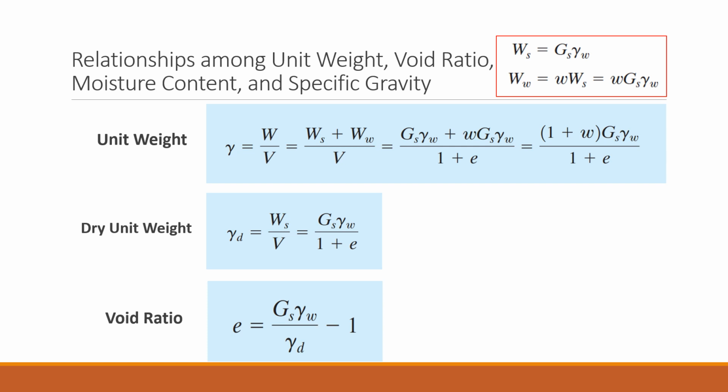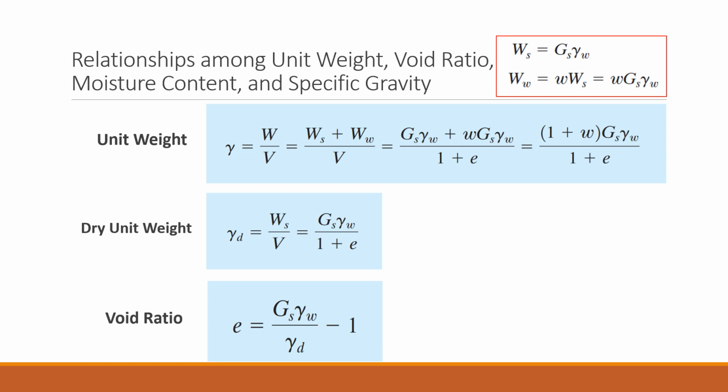So now our formula for dry unit weight in terms of the other physical properties of soil is equal to the specific gravity of the soil times the unit weight of water over 1 plus the void ratio. The void ratio can also be expressed in terms of the other physical properties of soil, which is equal to the specific gravity of soil times the unit weight of water over the dry unit weight, minus 1.